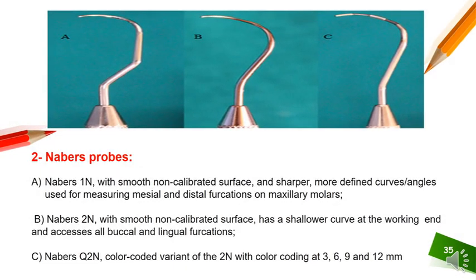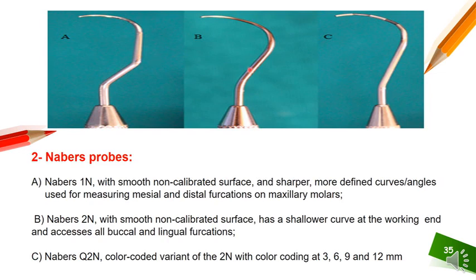Nabers probe comes in different types. Type 1 or 1N Nabers. It comes with a smooth, non-calibrated surface and sharper, more defined curves and angles. Used for measuring mesial and distal furcations on the maxillary molars.